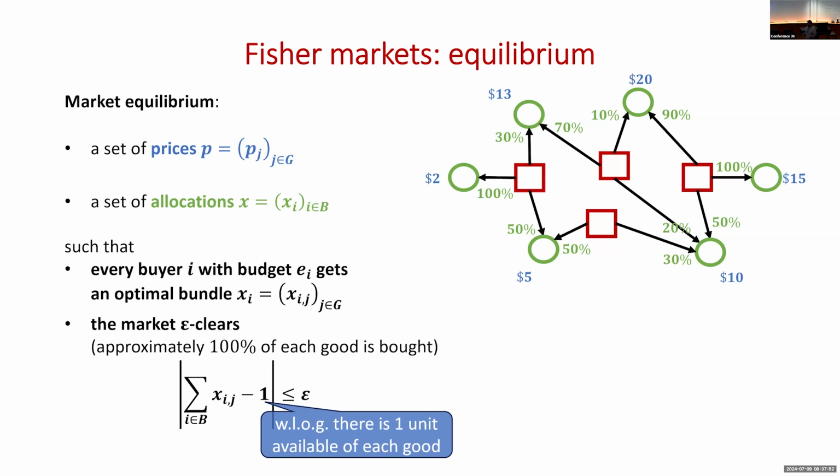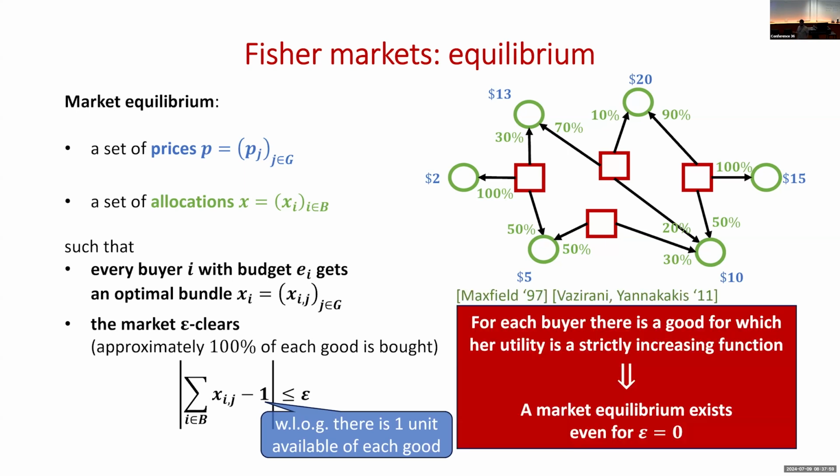Seems like a perfect thing to have, and it turns out that an equilibrium always exists, as long as this sufficient condition is satisfied. So for each buyer in the market, there is at least one good such that the utility of the buyer for that good is strictly increasing. Okay. So the buyer is never satiated, basically. That's what it means. And the equilibrium exists even for epsilon equals 0.